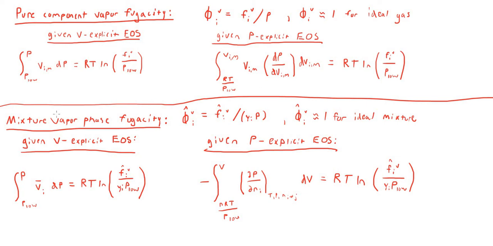If it's a mixture of species in the vapor phase, and you're given a volume explicit equation of state, this is the equation that you'll use to calculate the mixture fugacity of a certain species. And given a pressure explicit equation of state, this is the equation you would use to calculate the fugacity in a mixture of species i.